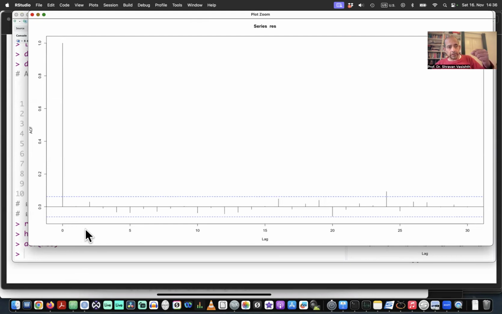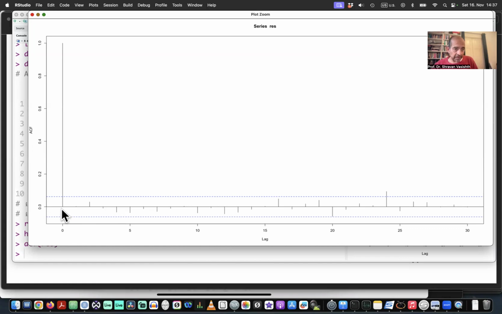And the correlation between every data point and a data point with a lag of 2, that means 2 data points downstream: is the residual correlated with the residual 2 steps downstream? So if the residuals are completely uncorrelated, then the autocorrelation plot should show that the very first correlation, of any data point with itself, has to, of course, be 1, no question about that. But every subsequent lag is going to be near 0.